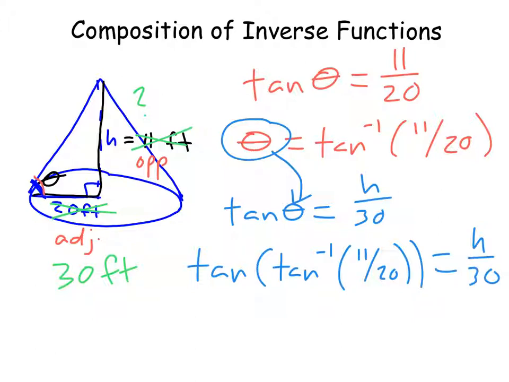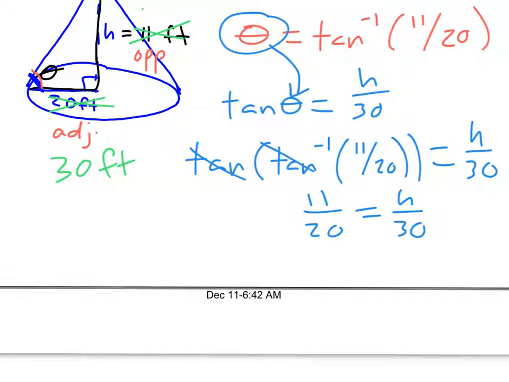Now, you might guess in this case that the tangent function and the inverse cancel, and they do. That's not always going to happen. It does most of the time. But then we have the problem set up like this, and the math actually gets easier.